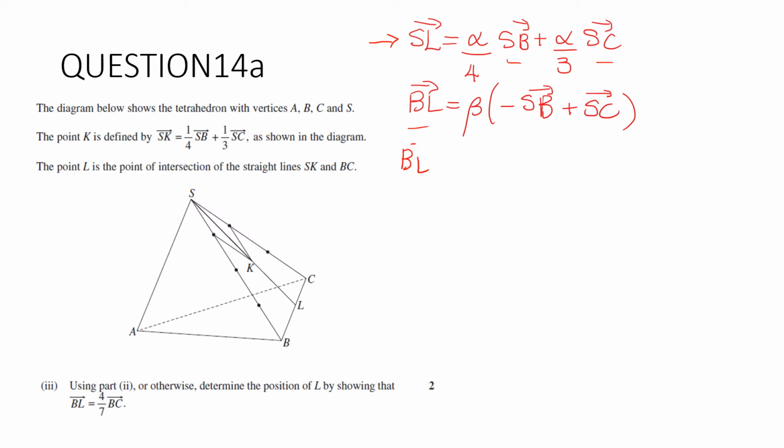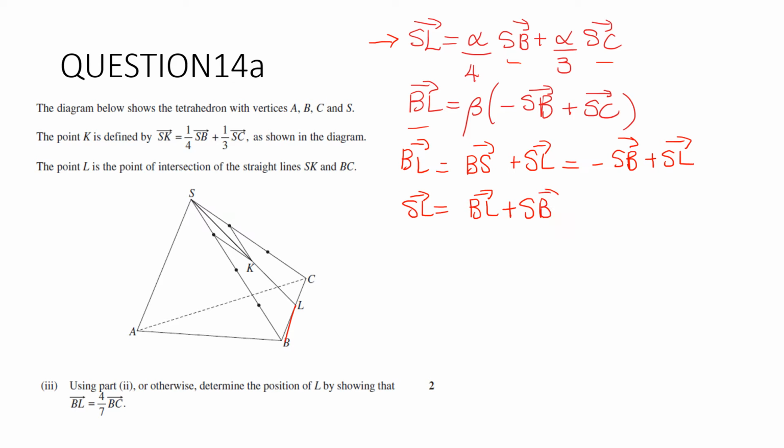Now BL, and it's here, is equal to BS plus SL, or in other words, negative SB plus SL. So I'm going to make SL the subject. It's equal to BL plus SB. Now let's substitute in this one here.